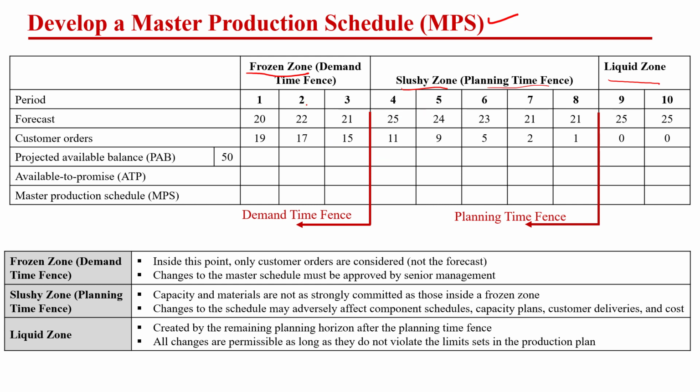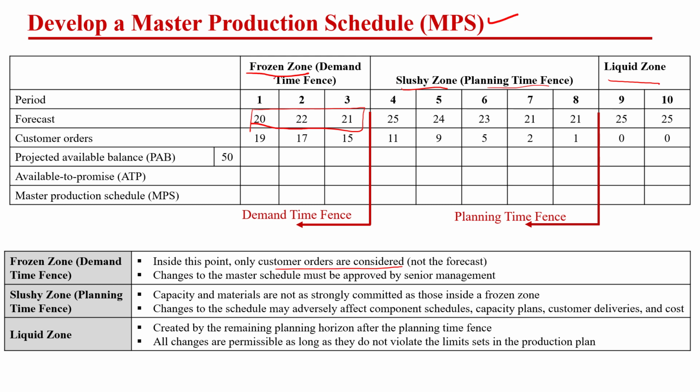So the idea behind it is that for the first three time periods, we are not going to change the customer orders. Whatever customer orders they have given, based on that we are not going to change our master production schedule. That's why for this frozen zone we never use the forecasted demand.